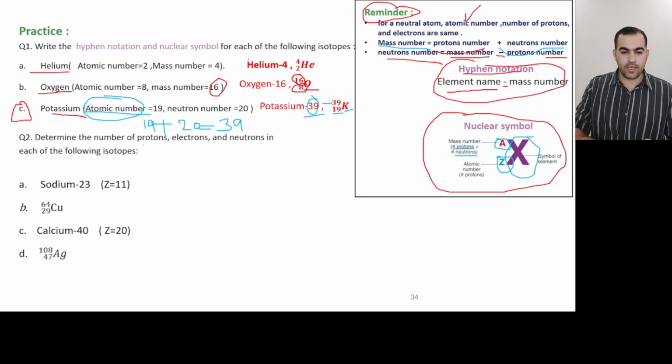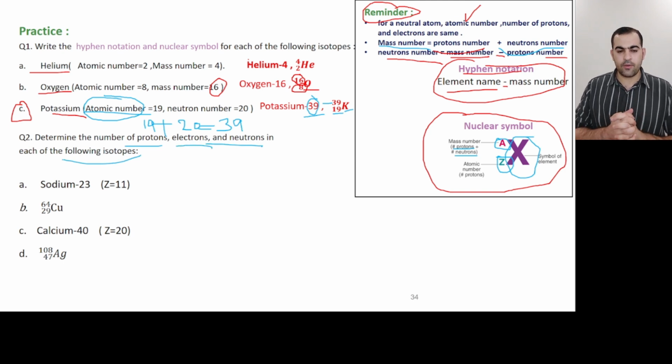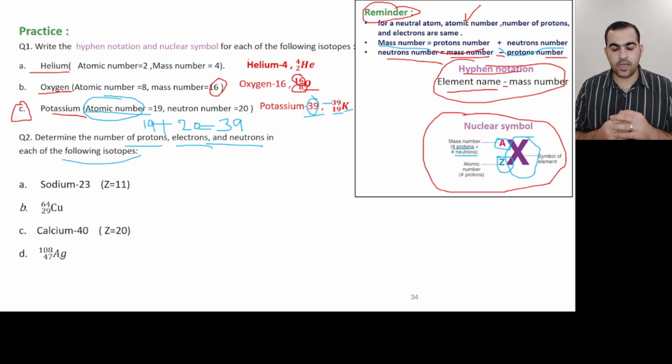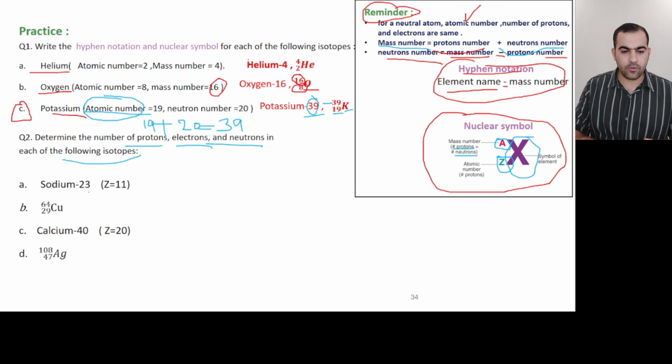Next question: number of protons, electrons, and neutrons in each of the following isotopes. I have given hyphen notation and nuclear symbol. You are going to tell me the protons, electrons, and neutrons number. Here, sodium 23, Z equals 11.